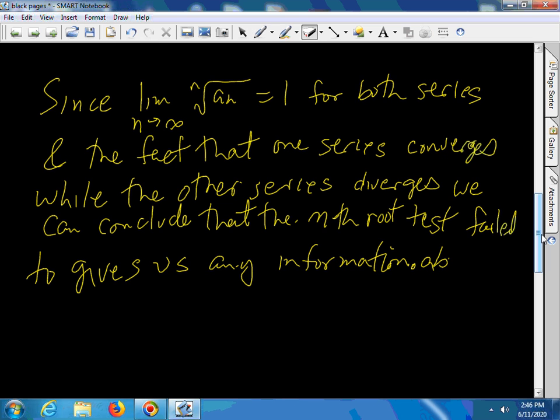Yeah, I'll just say that. Why? Because if the limit is 1, the series could diverge or converge. So the test was inconclusive.